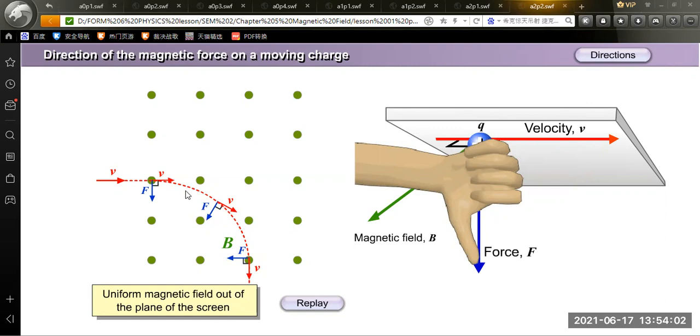We notice that the thumb shows the direction of the force at this point.